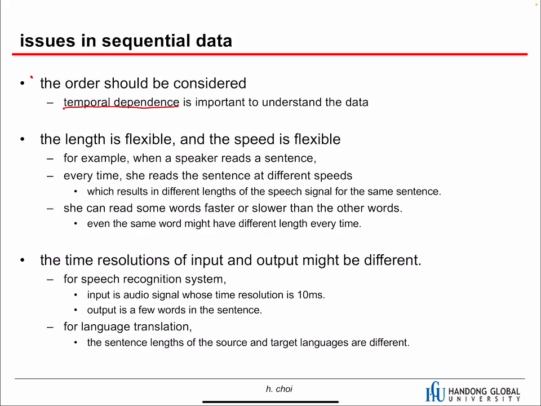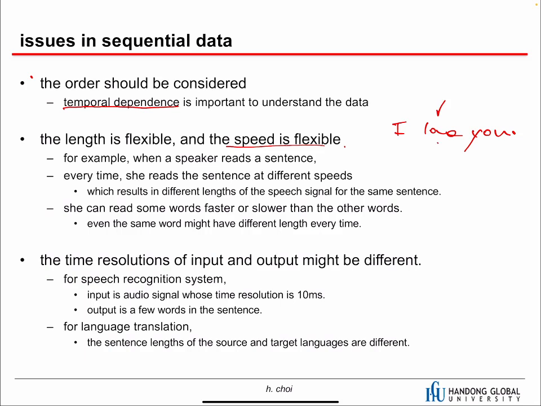And the next one is length. The length is flexible, and the speed is flexible. When we read one sentence, like "I love you," the input is fixed: we have only 3 words. But when I read this sentence, sometimes I can read it really quickly, sometimes really slowly. Sometimes I read this word really slowly, or I can read this word really fast.